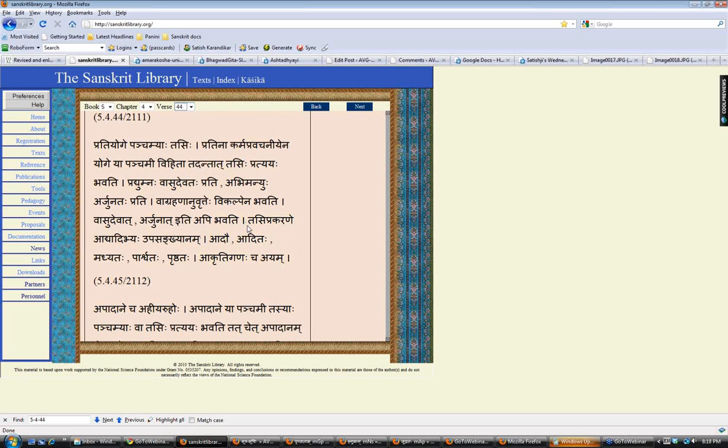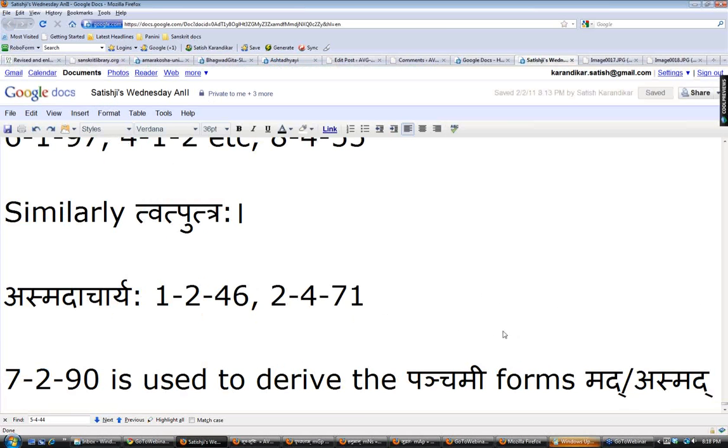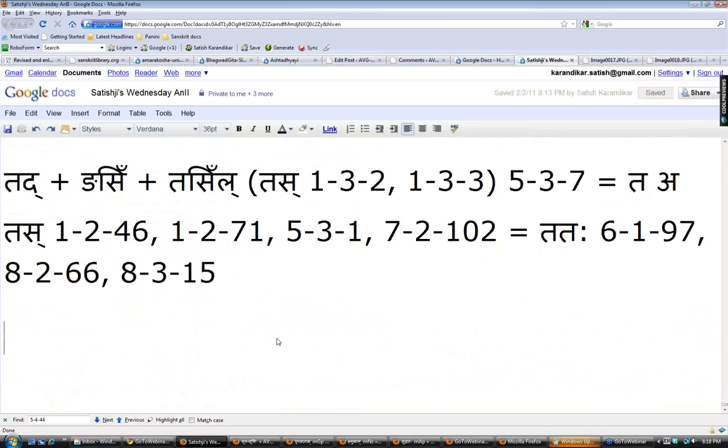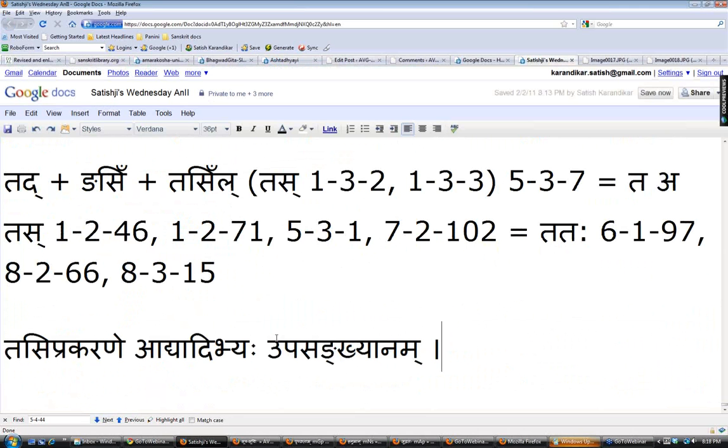Very important vartikam: tasip prakarane adyadibhya upasankhyanam. This is the vartikam on 5444. Please highlight this, because there are many. This tasi is a very common pratyaya.